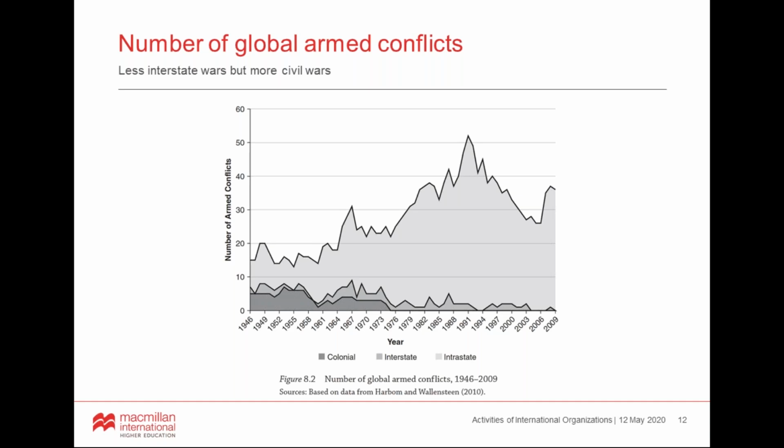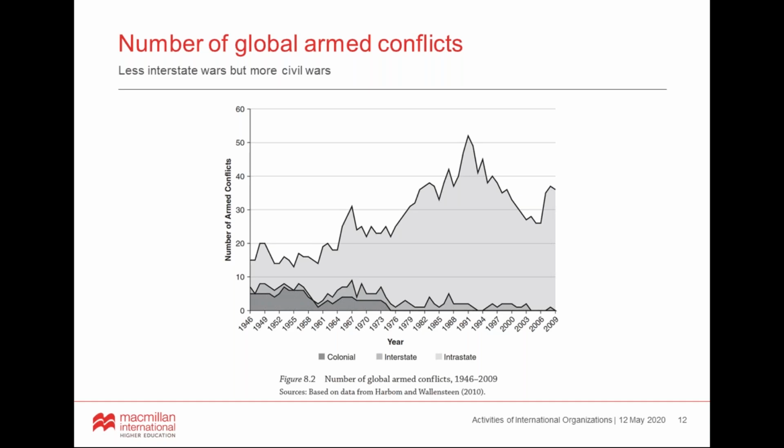But I think the picture that clearly emerges is that when we talk about global armed conflict, we should be talking more about civil wars and less about interstate wars. And arguably, the UN and its policy programs have really focused on prohibiting wars against states and haven't focused enough on civil wars and on how to address the root causes of civil wars.